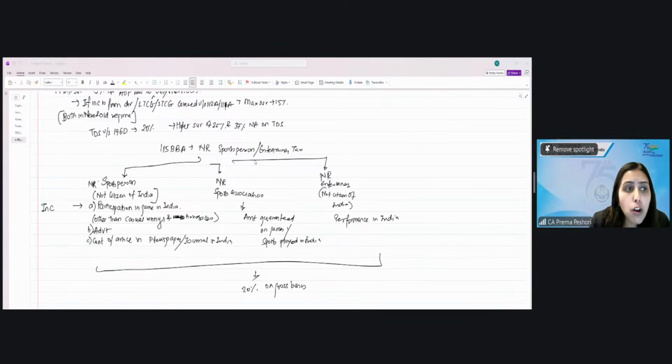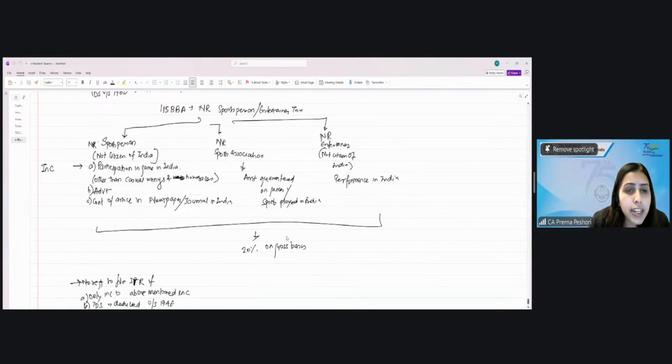Or in respect of a non-resident entertainer in respect of a performance in India. Now these should be in respect of the non-resident sports person or a non-resident entertainer who is not a citizen of India. So in that particular case, it will be 20% on gross basis.